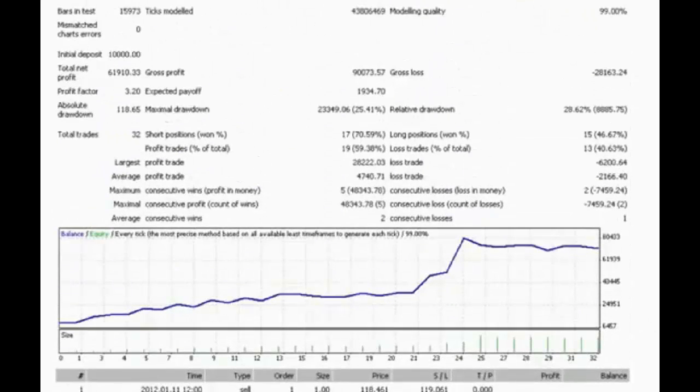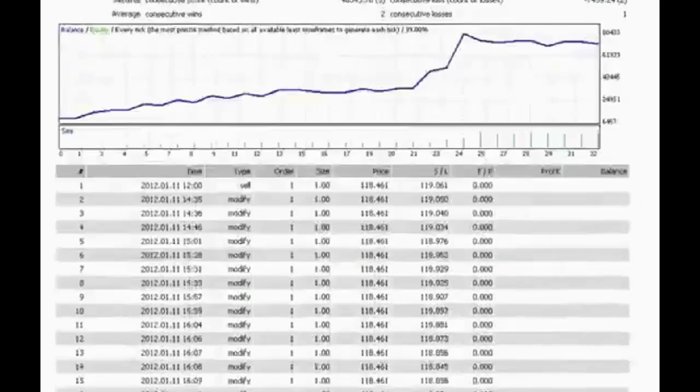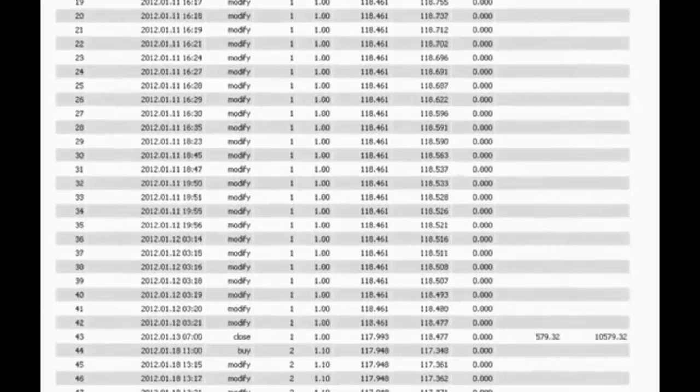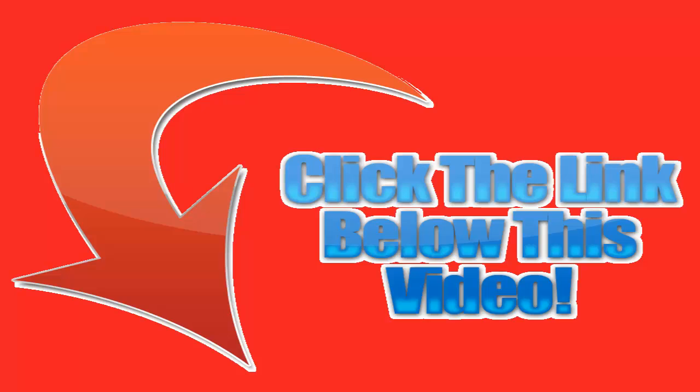So, although that may say we had 2 consecutive losses and it came out at 7.4, that would never happen in the early stages when the account's at 10,000, for the simple fact that we're not risking anywhere near that amount of money, because we're only using 1 lot. And 1 lot with this currency pair represents about 7% of the account. So even if we did have at the beginning even 3 losses in a row, which I believe would be highly, highly unlikely, we would only drop 20% in the account.